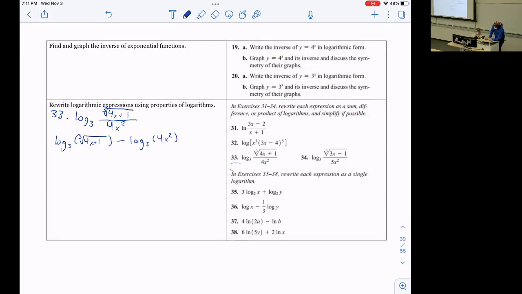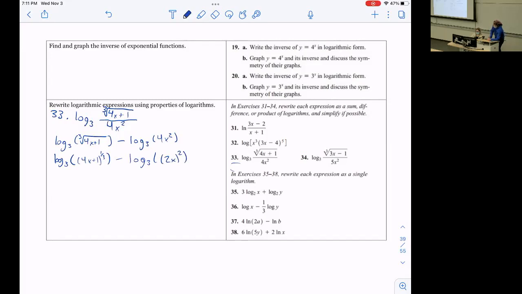Okay. So now what else can we do? Well, we know that the cube root of 4x plus 1 is the same thing as writing 4x plus 1 to the 1/3. And we also know that 4x squared is the same as writing 2x squared.